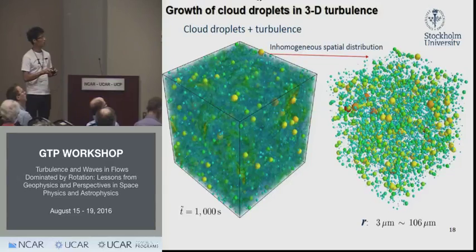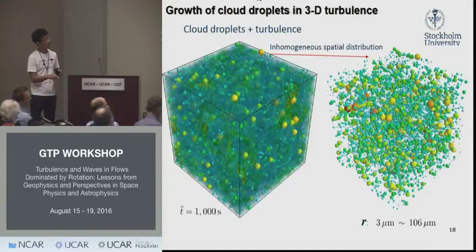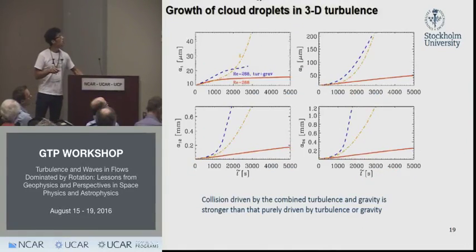This is at about 1,000 seconds, and we can see that the distribution of the cloud droplets is very inhomogeneous, and we see a few large cloud droplets. Within this computational domain, the sizes range from about 3 micrometers to 100 micrometers, which is already the size of drizzle.